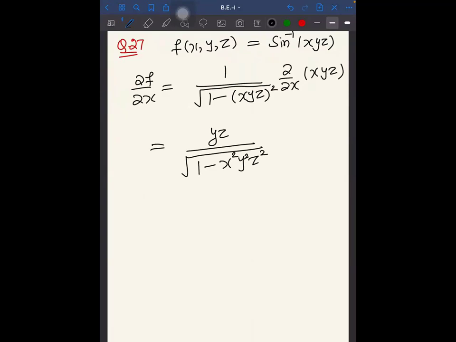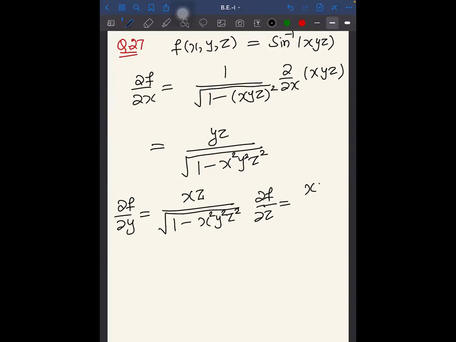Yes, sir. Okay. So similarly, ∂f/∂y would be nothing but xz upon the square root of 1 − x²y²z², and ∂f/∂z will be nothing but xy upon the square root of 1 − x²y²z². Okay. Can we do this? Yes, sir.